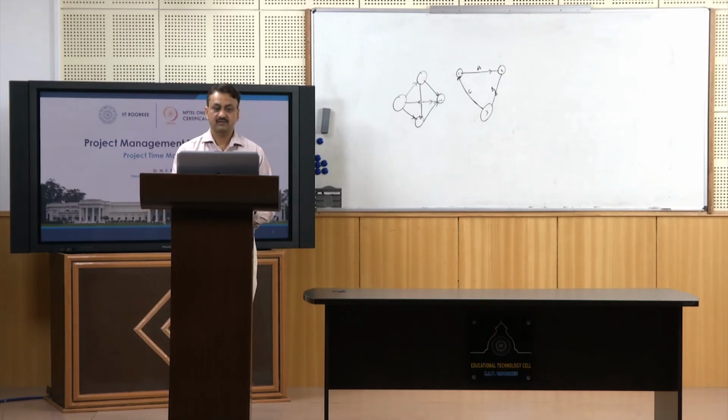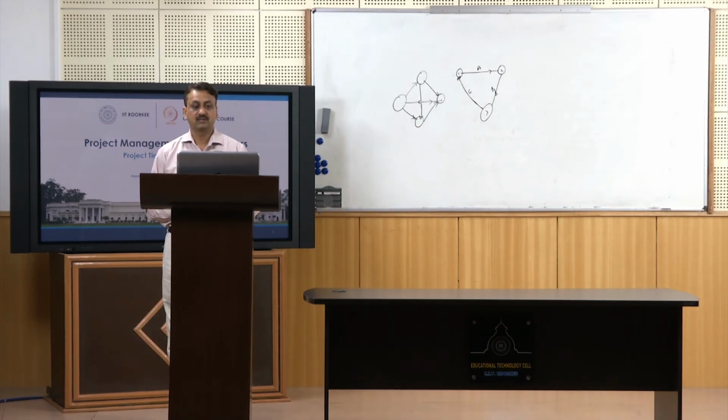So, let us look at, we will take the same example. Here what is the difference between these two? Here activities are represented on nodes and the arrows represent the precedence relationship, right. So, this is the major difference between activity on node and activity on arrow.